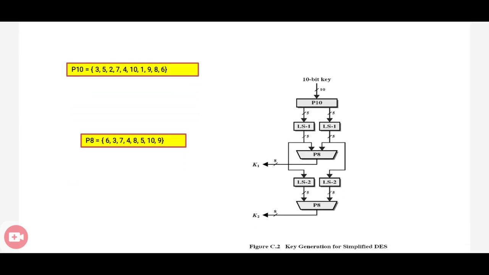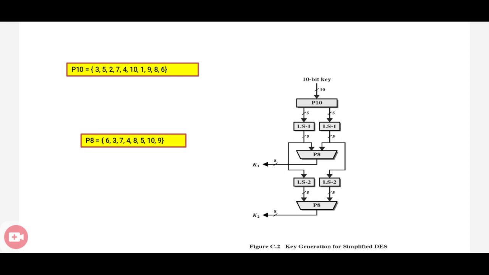So this is the detailed figure of key generation in simplified DES. We have a 10-bit key. First performing P10, which is already defined here in this figure: 3 5 2 7 4 10 1 9 8 6. Next we perform a left shift. So divide that P10 permuted output into two halves and then apply LS1, left shift 1.